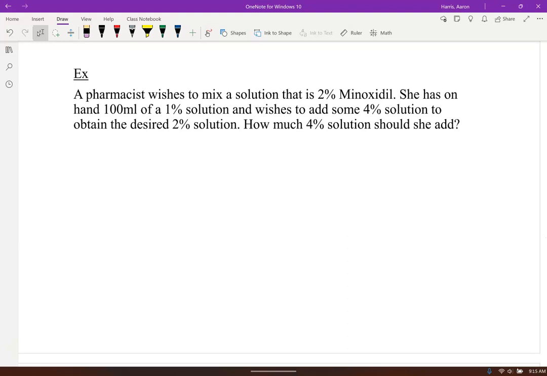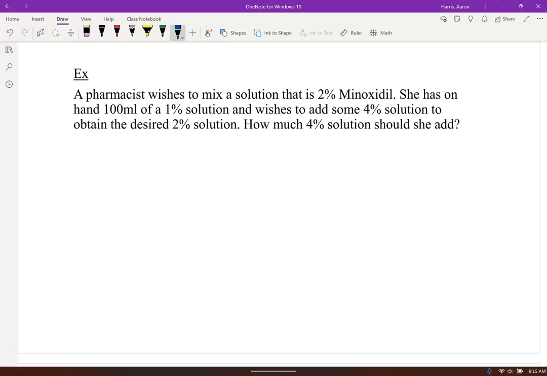Sorry about that. A pharmacist wishes to mix a solution that is 2% minoxidil. She has on hand 100 milliliters of a 1% solution and wishes to add some 4% solution to obtain the desired concentration.